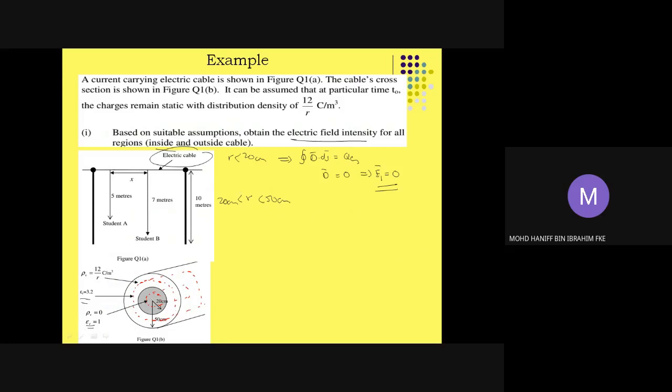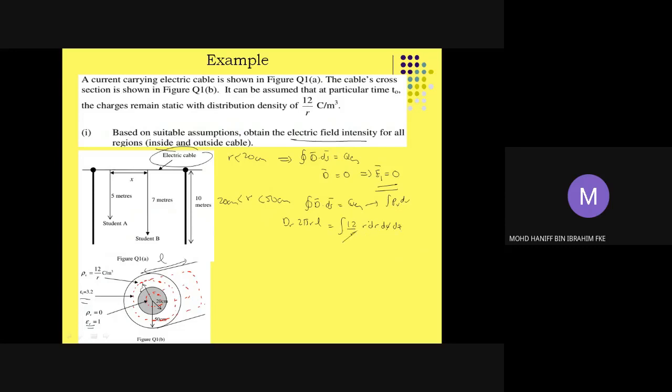For this second region, the Gaussian surface has radius R. We have D dot dS equals the enclosed charge. For the left-hand side, it should be D_r times 2 pi R L, if the length of the Gaussian surface is L. The enclosed charge will be the integration of rho v dV, where rho v is 12 over R for that region and dV is R dr dphi dz.